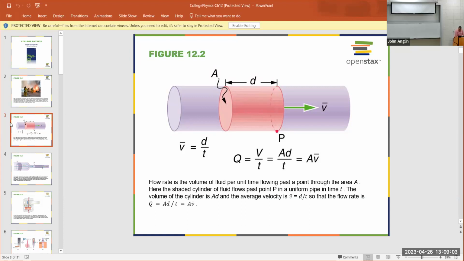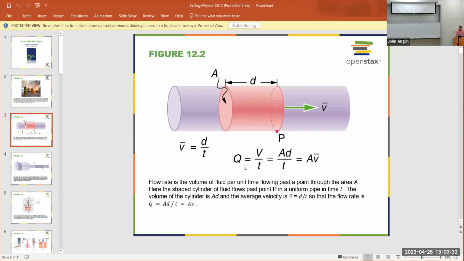Here's my cross-sectional area A. We're going to take some arbitrary distance D, and we're going to push some volume across there. Now we know that it's going to move with some speed, some velocity V. And we know that the velocity we measure is this arbitrary distance over however much time it took, right?